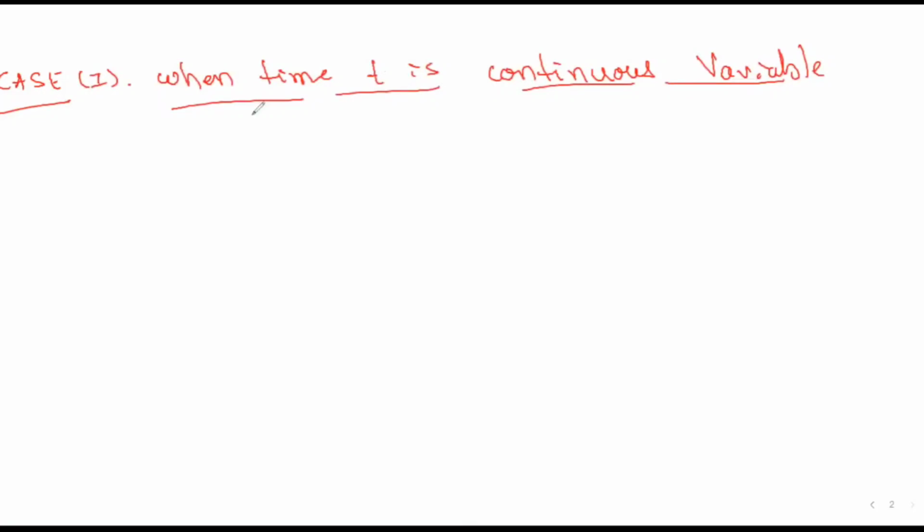Our study is the replacement of an equipment, so we have to find out the time, that is, in which year we have to replace our old equipment. Depending upon the time period, if time is continuous we have a certain derivation, and if time t is discrete we have different models. Okay, first we learn about time t as a continuous variable.